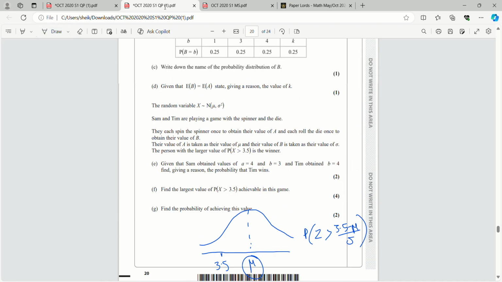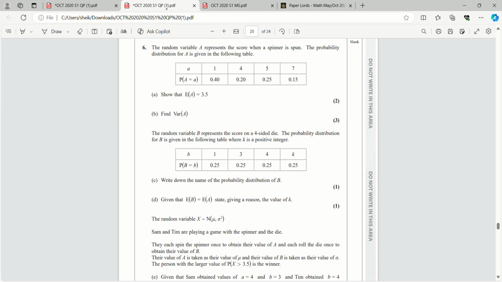Alright, so our mu is our A value. Let me draw it over here. Say 3.5 is somewhere over here. You can consider it on either side, it doesn't really matter. Okay, so 3.5 and mu are over here. So our probability looks like this: 3.5 minus mu over sigma.